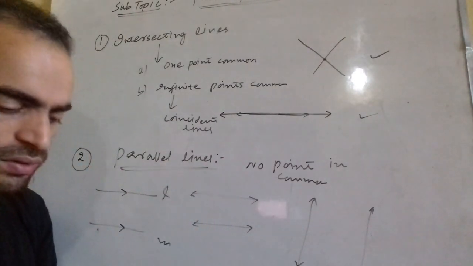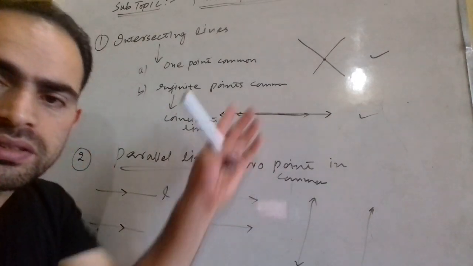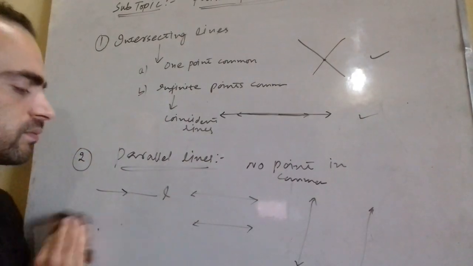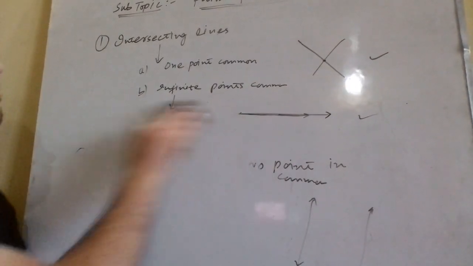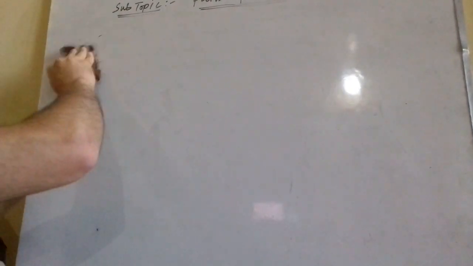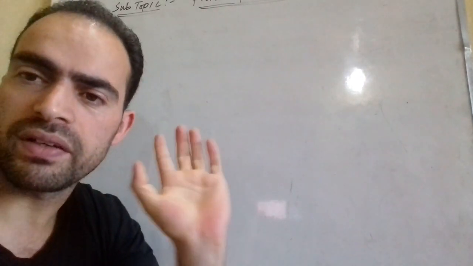Got my point? Good. And after drawing these lines, we get different types of angles. Let us see. After drawing pairs of lines, we will get different types of angles.